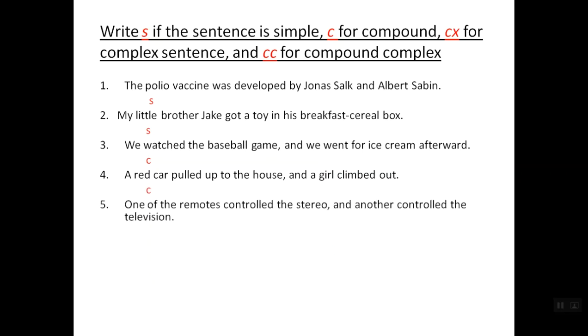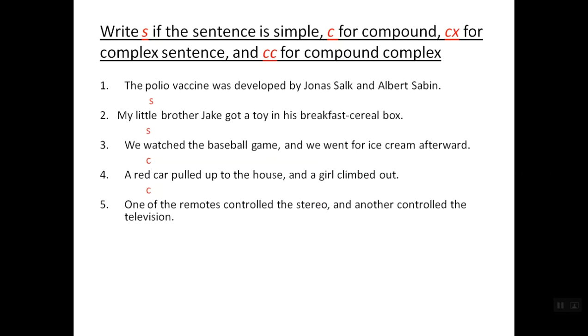Number 5. One of the remotes controlled the stereo, and another controlled the television. Again, it's and. How many subjects? 2 subjects. The first subject is one. Of the remotes is the rest of the subject, a prepositional phrase, but the main subject is one.